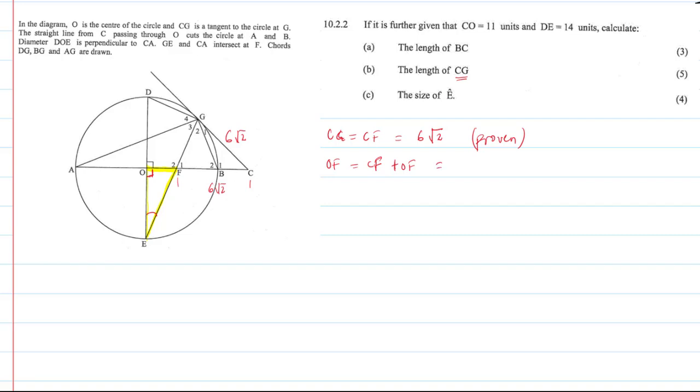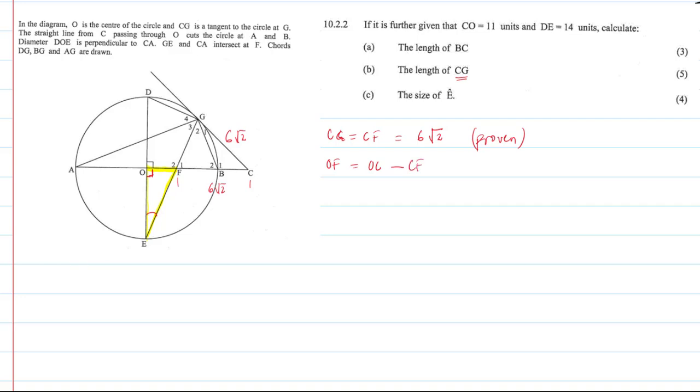So OF is going to be equal to this whole distance here, OC, minus the distance CF.